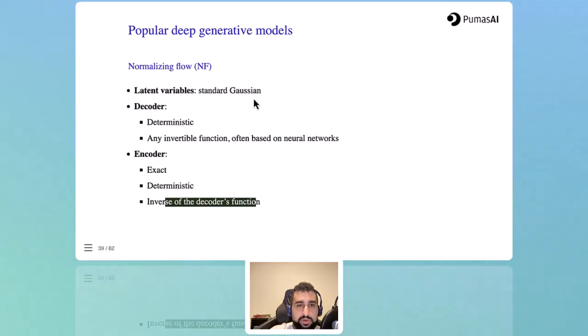So for every value y, I can just invert the decoder and then get the value eta that's corresponding to that value y, right? So you can think of the encoder as basically an exact deterministic encoder that's defined as the inverse of the function that we used here in the decoder. And that here becomes a normalizing flow. Now, the nice thing about normalizing flows is if you define them like this, you can actually evaluate the log likelihood of some value y.